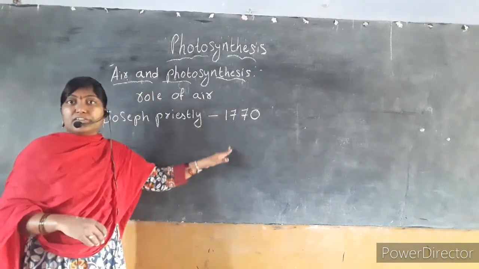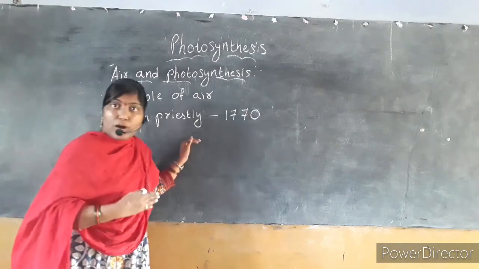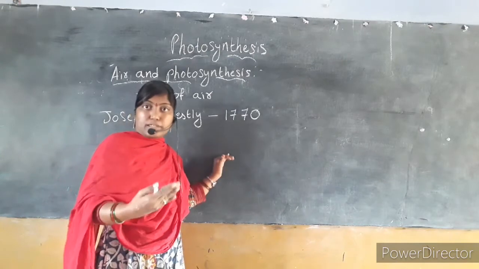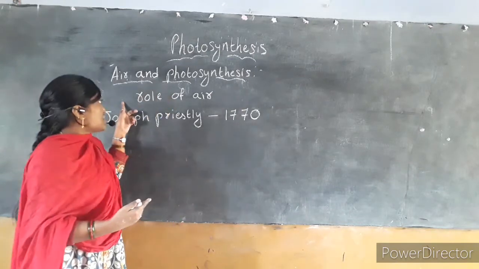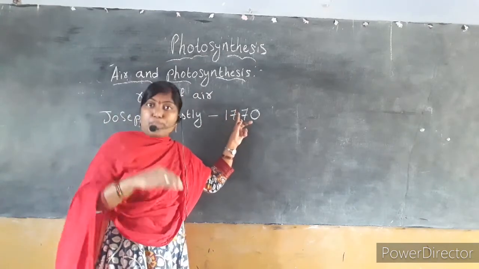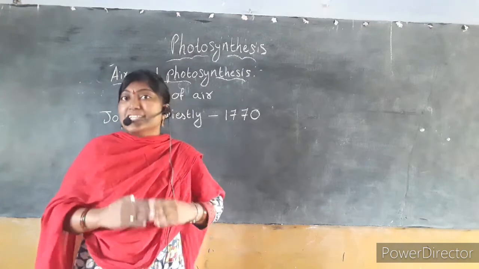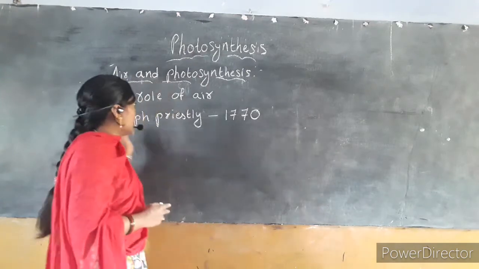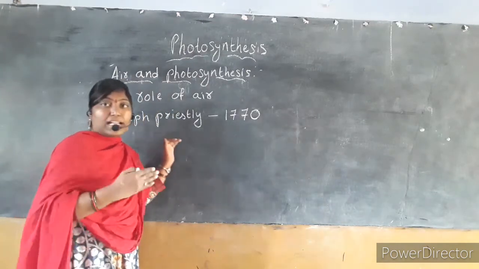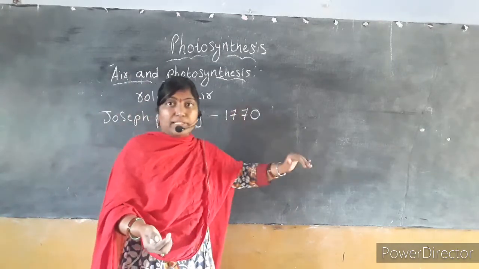So Joseph Priestley performed a series of experiments in the year 1770 on the essential role of air on the growth of plants during photosynthesis.